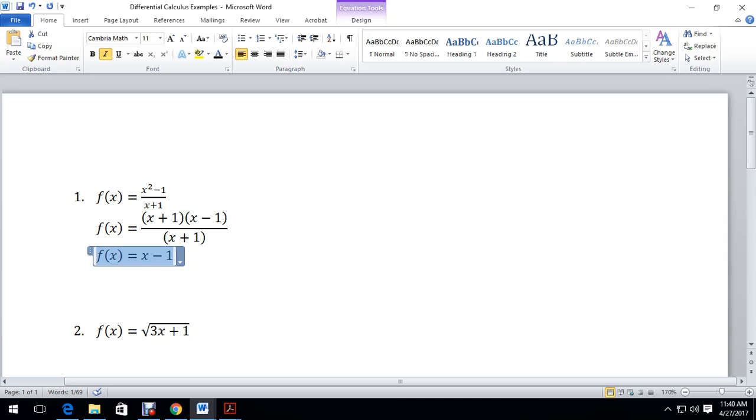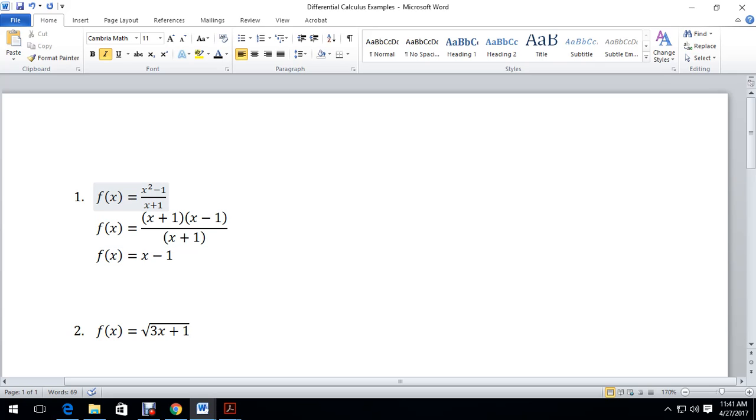Now, since we already eliminated the possibility of having an undefined form of the fraction, try to notice that we can now assign the value 1 and negative 1 in the resulting function. If we assign 1 here, then x minus 1 results into 0, and that is a valid value for f of x.